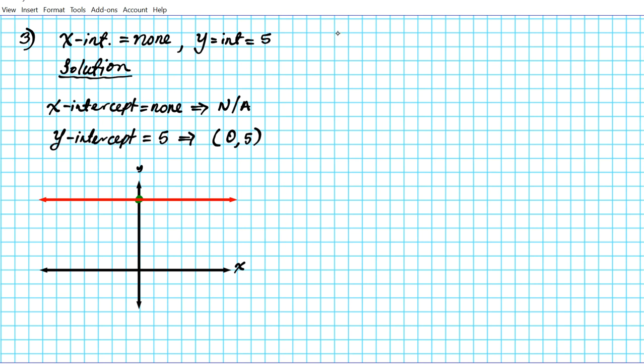So for number 4, let's say we have a situation where the x-intercept is -3 and the y-intercept is none. We have a case now where there is an x-intercept, but we do not have any y-intercept.